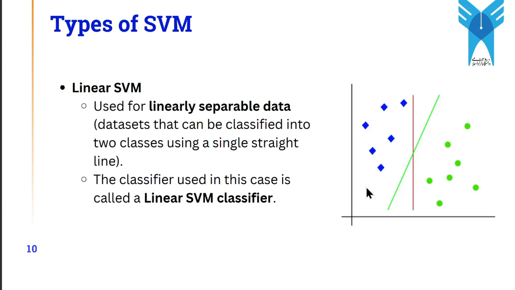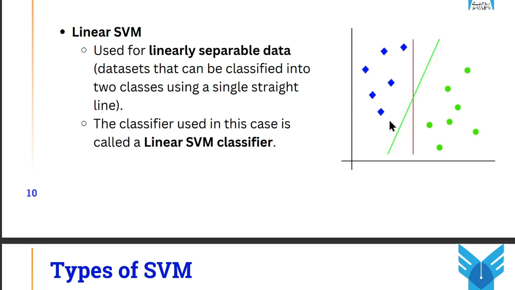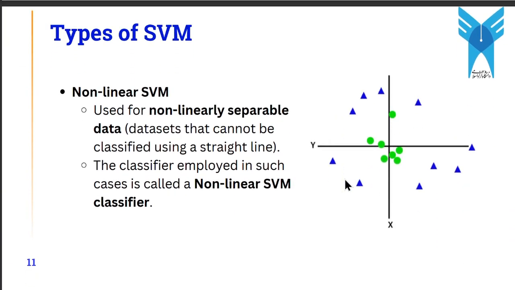You can see in the diagram those blue diamonds and green dots. SVM draws a perfect line to separate them, and guess what? The tool it uses for this job is called a linear SVM classifier.